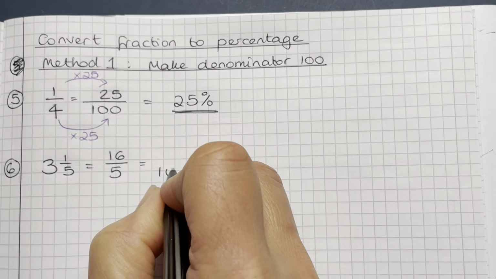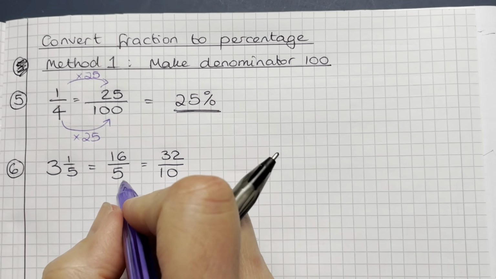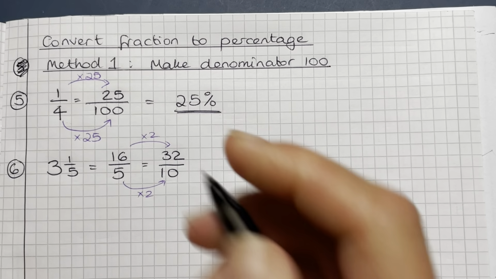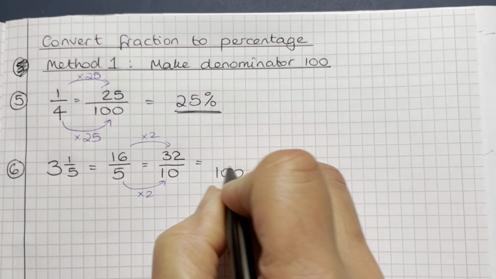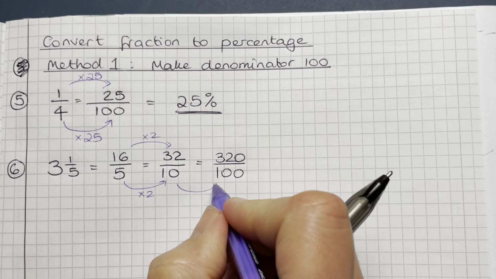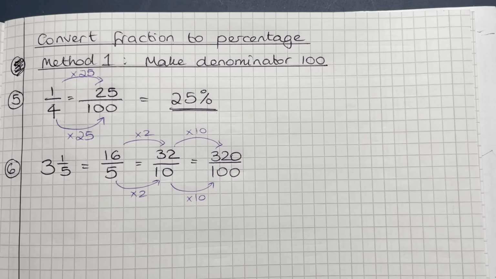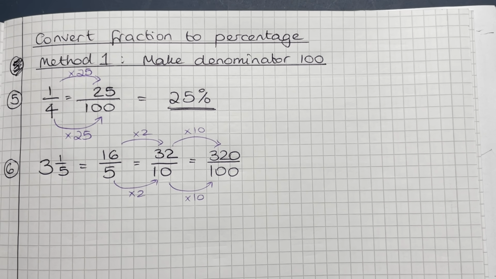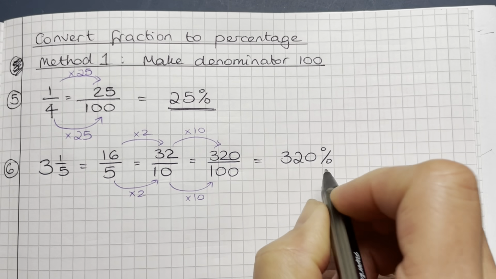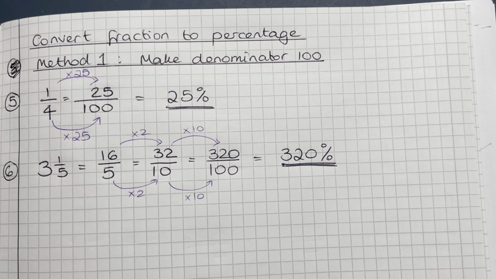But let's double it first to perhaps make it a little bit clearer and get 10 as my denominator. And now it's fairly straightforward to see that if I multiply my numerator and my denominator by 10, I'm going to get a denominator of 100, and therefore we can see again that I'm going to have a percentage greater than 100%, and that is absolutely okay.